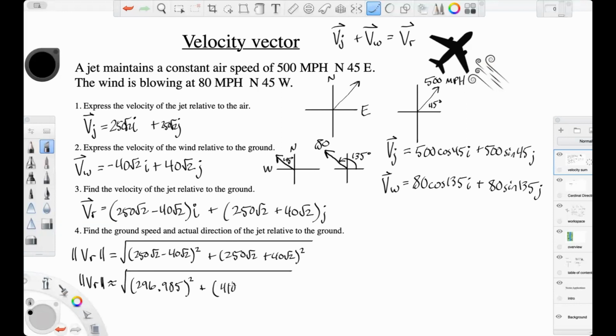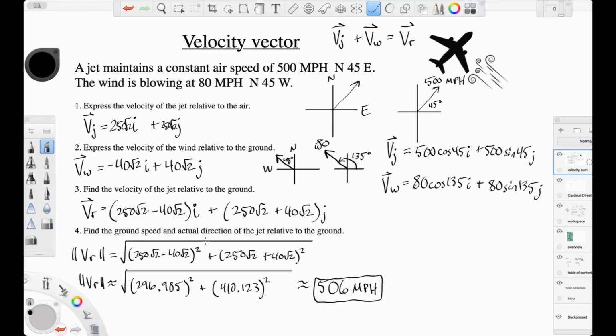So 410.123 squared, and I'll square my previous answer, 296, that squared, and then add these things together and take the square root, and we get an approximate value. So the approximate ground speed of the jet is 506, we'll call it 506 miles per hour. We'll go ahead and just round it there. So it's about 506 miles per hour for the jet.